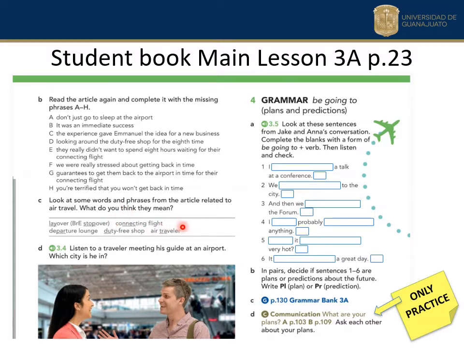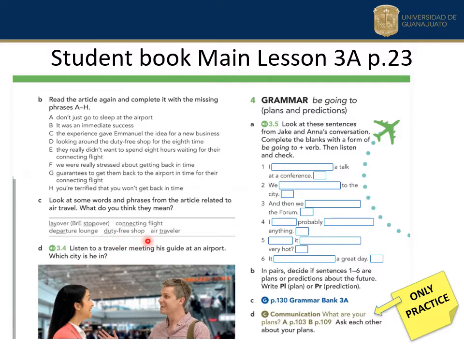La siguiente frase sería connecting flight, que es vuelo de conexión. En la parte de abajo we have departure lounge, que sería la sala de espera del aeropuerto. Then we have duty free shop. Esta frase se refiere a la tienda libre de impuestos.